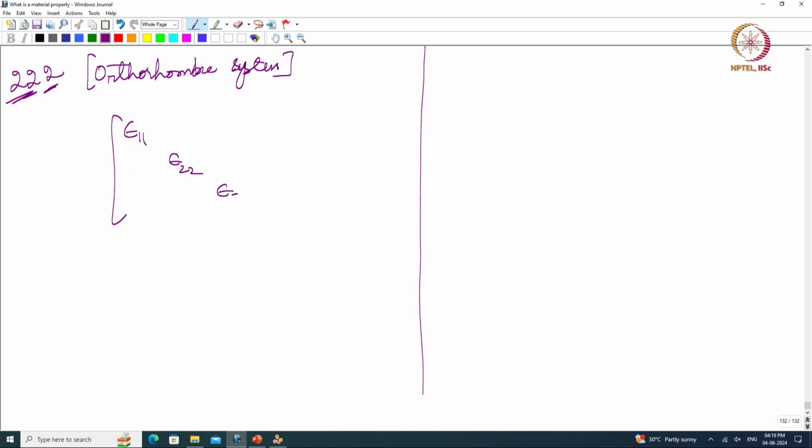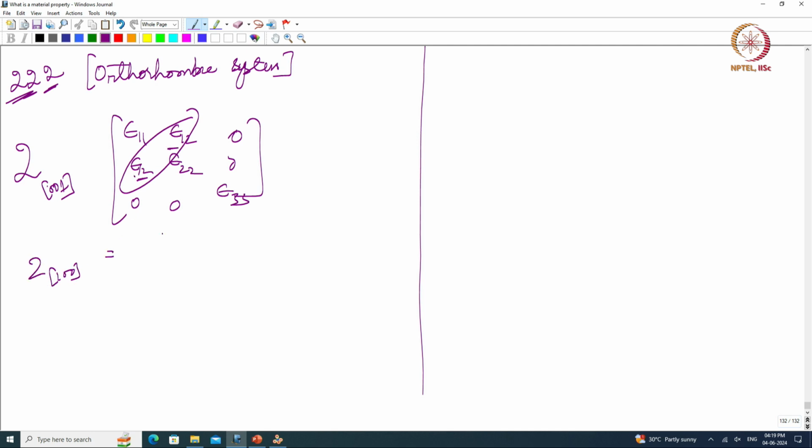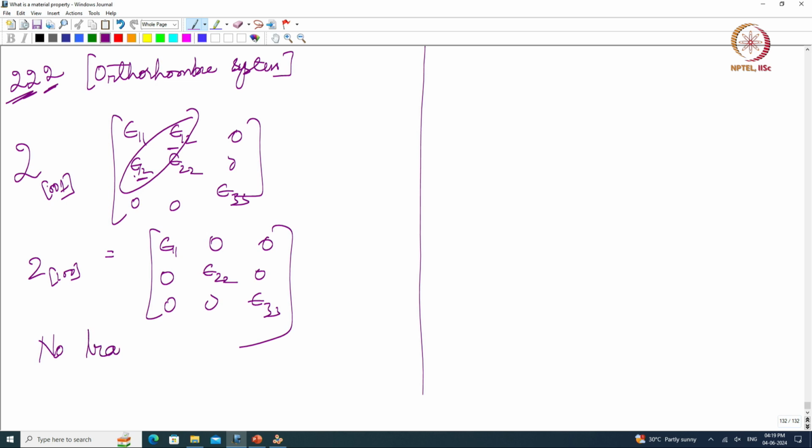So, I have only epsilon 1 2 remaining, with zeros elsewhere. If I have a two-fold axis about the C axis, about 0 0 1, the only cross components that are remaining are epsilon 1 2s, right. Now, if I also have a two-fold about 1 0 0, then epsilon 1 2 also goes to 0, right. So, that is going to be a simple guess, but I am going to have my epsilon, or any second rank tensor, without any transverse components, right. So, no transverse components.